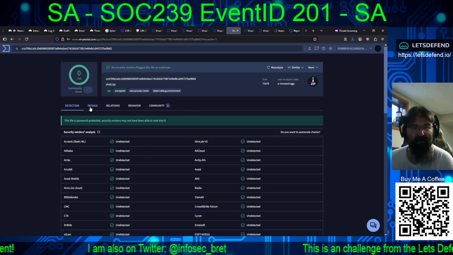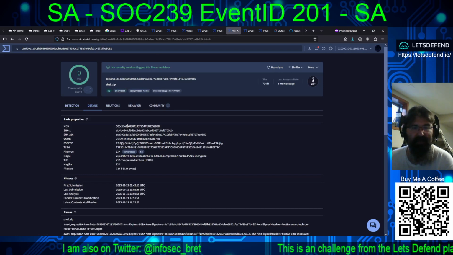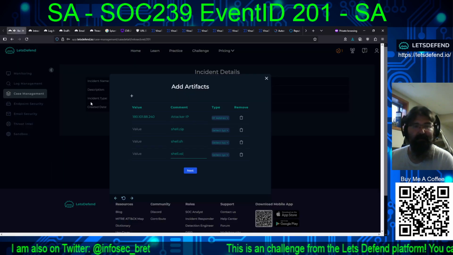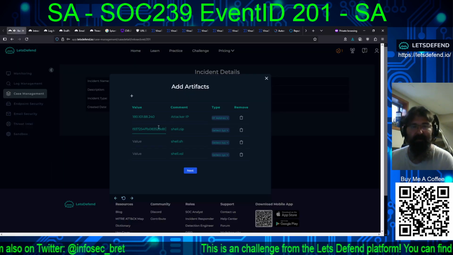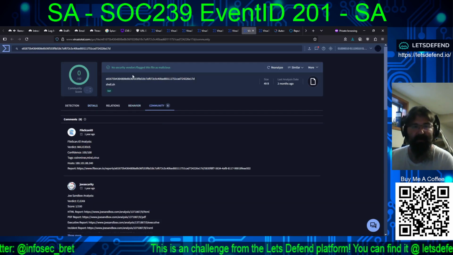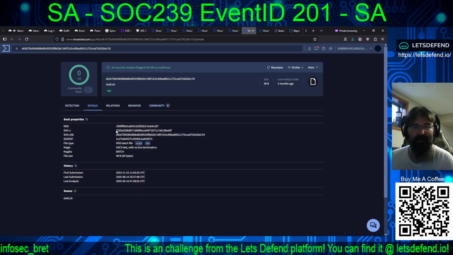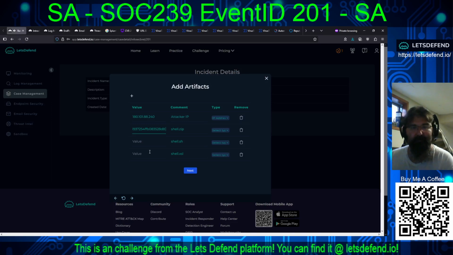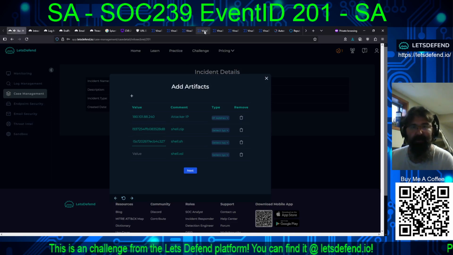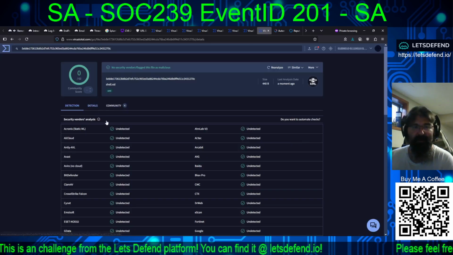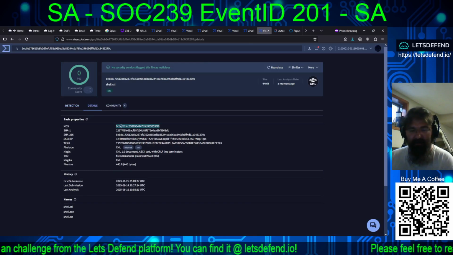Actually, this one. Details, MD5 of the zip. Now we need to find the SH, get into details. There's the SH. And then if we go to the last one, there's our XSL file.